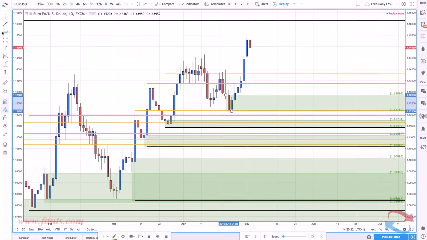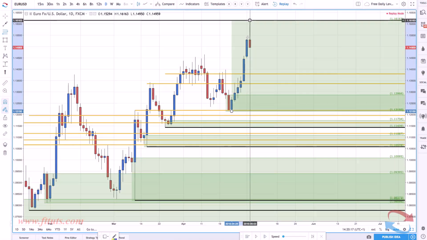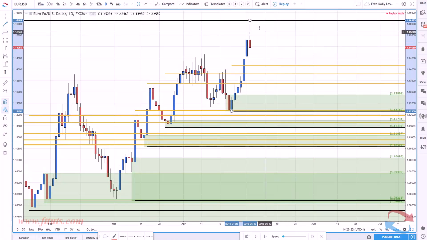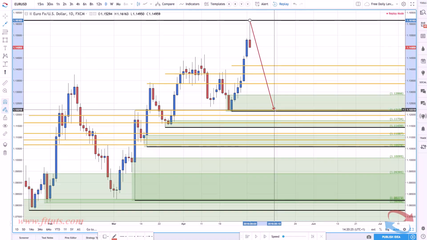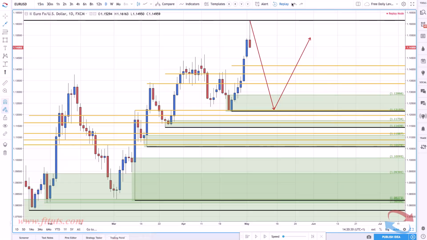Then we add our value range tool again as we made a new high. So again, we're looking for prices to potentially range between here and here. So let's continue forward.